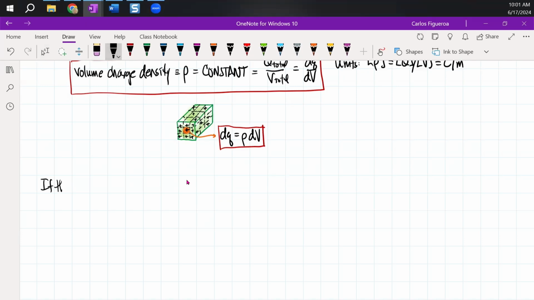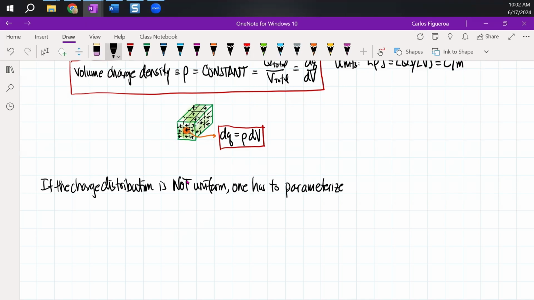If the charge distribution is not uniform, one has to parameterize the charge density as a function of position.